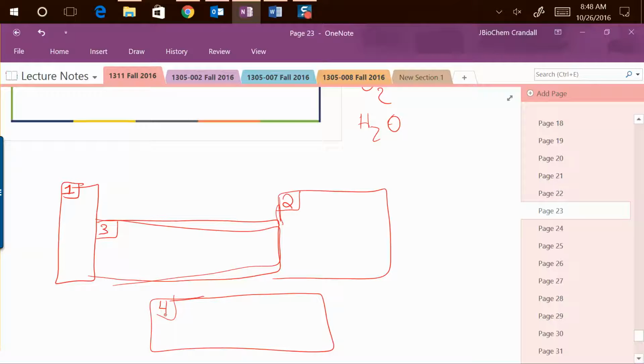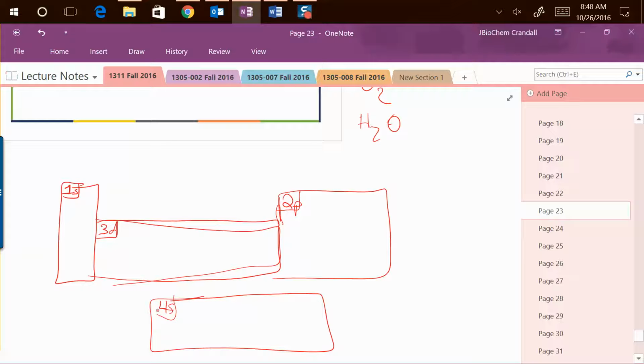This is the 2p. This is the 4f. Okay? S, P, D, F. S, P, D, F. That's all I have to be able to do.